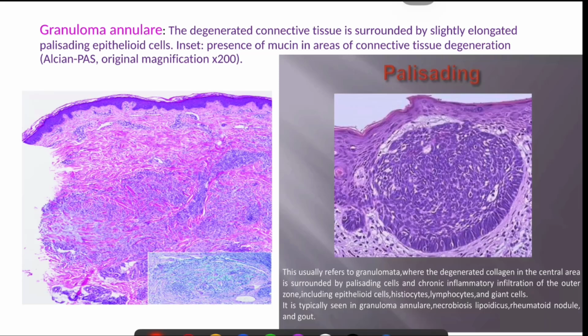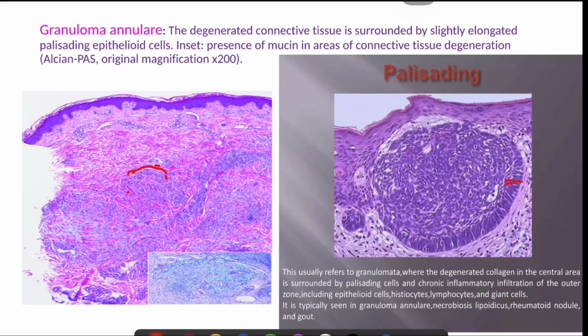So here you can identify granuloma annulare, where you can see this type of degenerative connective tissue surrounded by palisaded epithelioid cell nests. Here you can find some mucin material in between with the help of Alcian blue PAS stain, and this is degeneration of connective tissue.